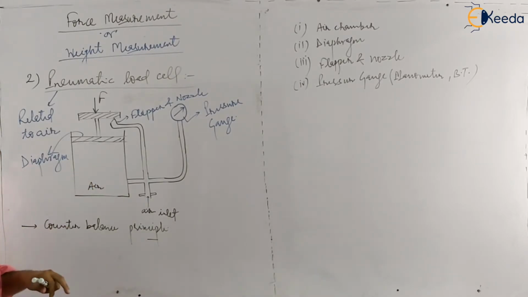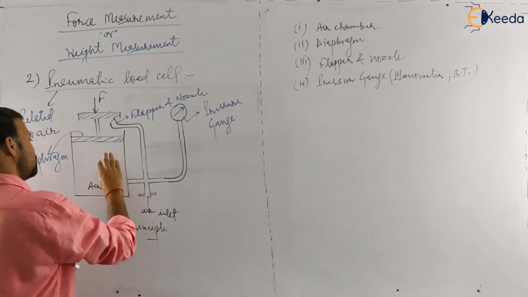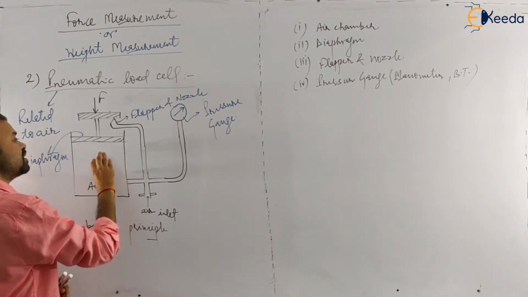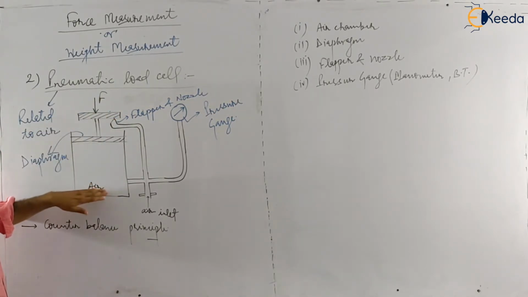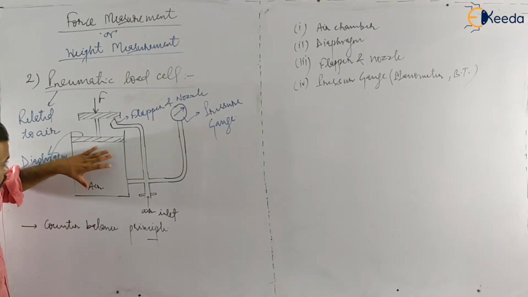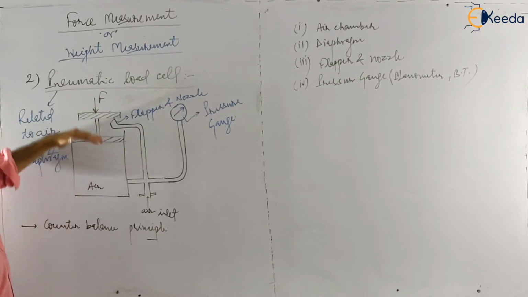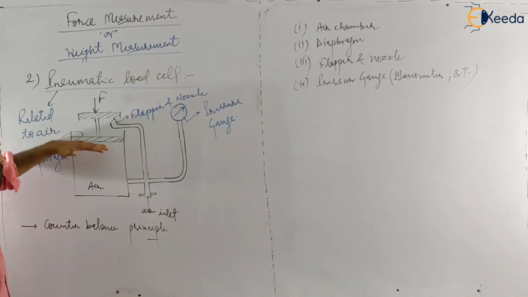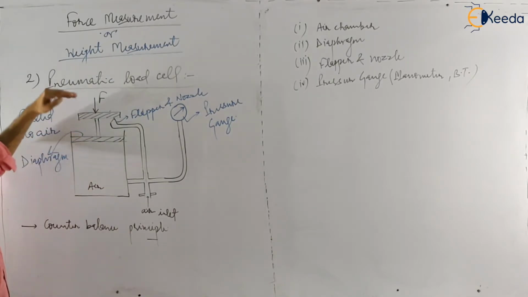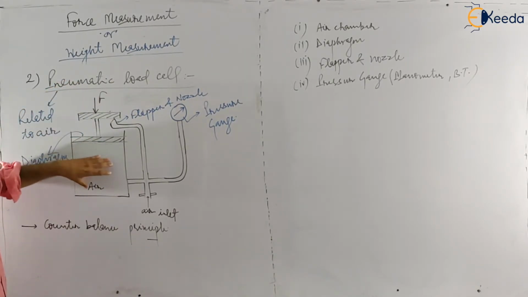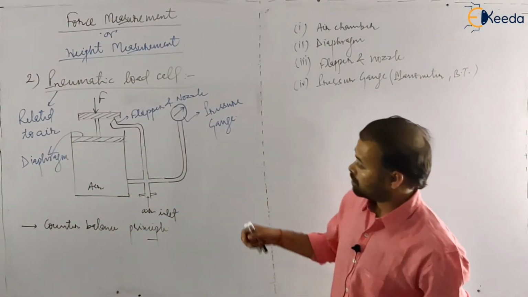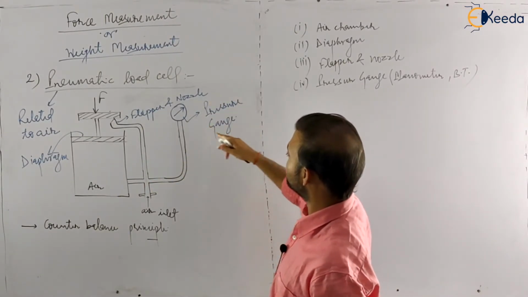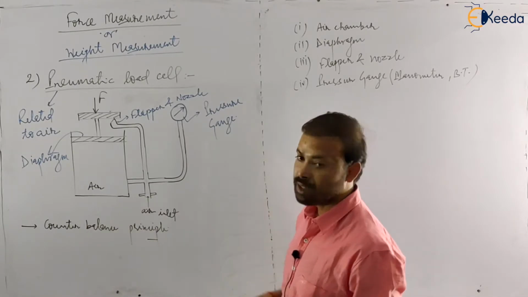The pressure is created in this air chamber because this part is closed, and the pressure builds up in this air chamber and tries to push this diaphragm upwards. And when the force and the pressure force in this air chamber become equal, the pressure is measured by this pressure gauge.